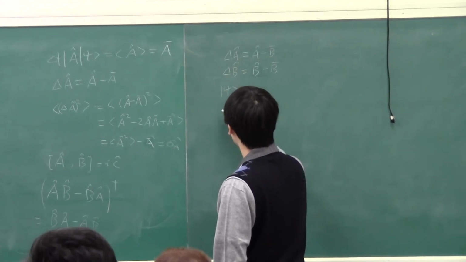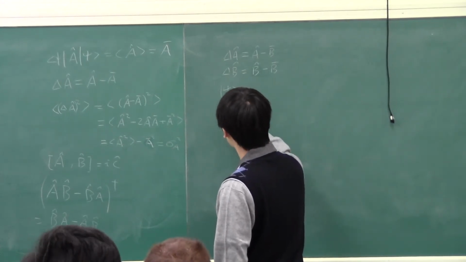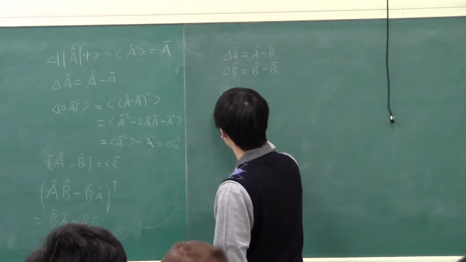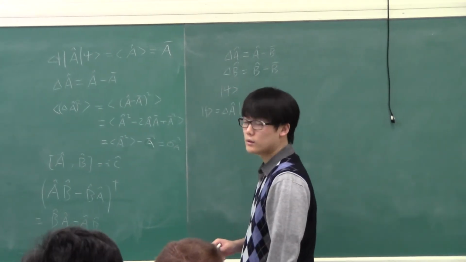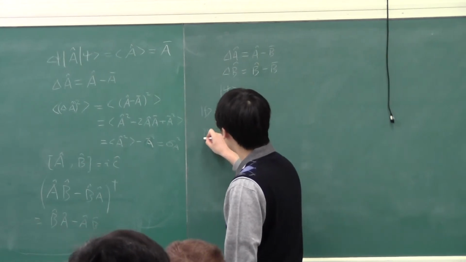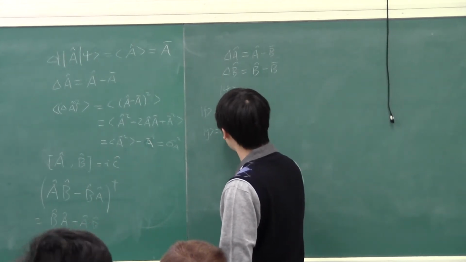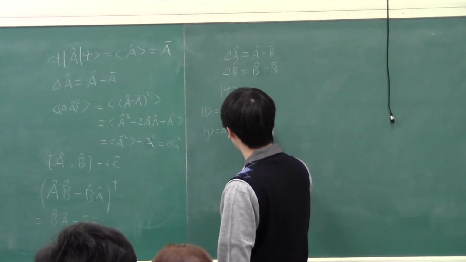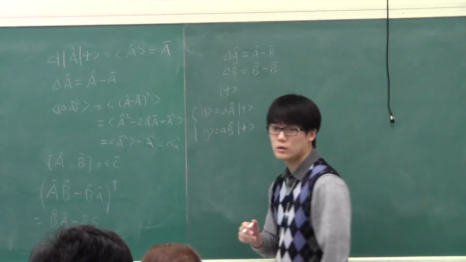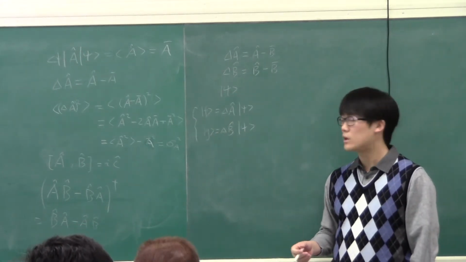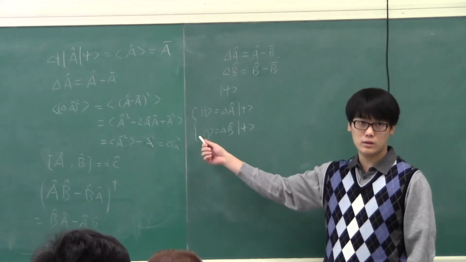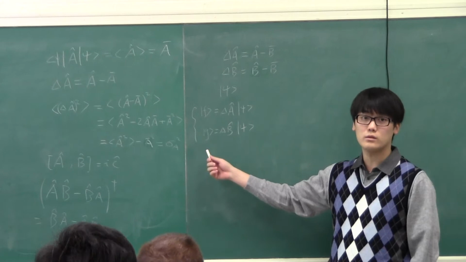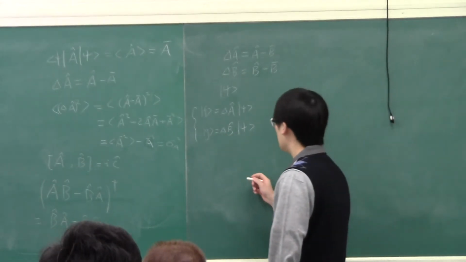And we'll say that the action of this operator on phi is to take it to some other state, f. And then the action of the operator delta B on phi takes it to another state g. So if we started with a normalized state and apply these operators, the resulting states would not be normalized in general, and we can investigate their norm.